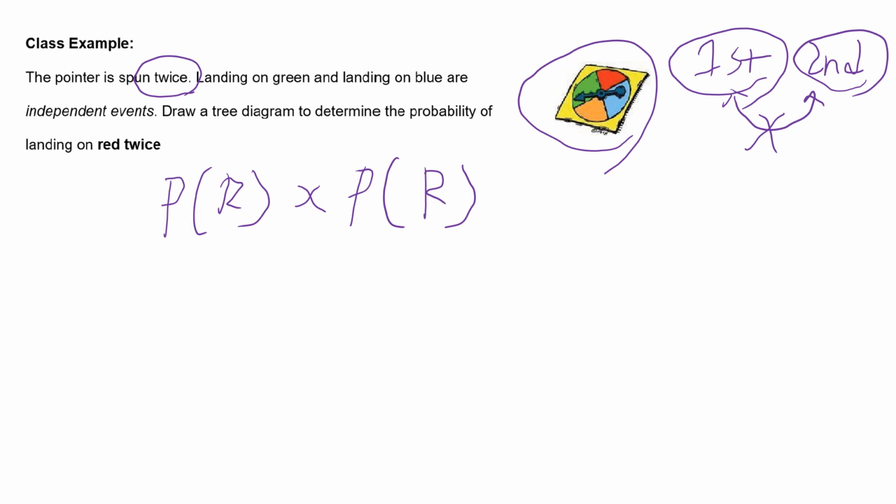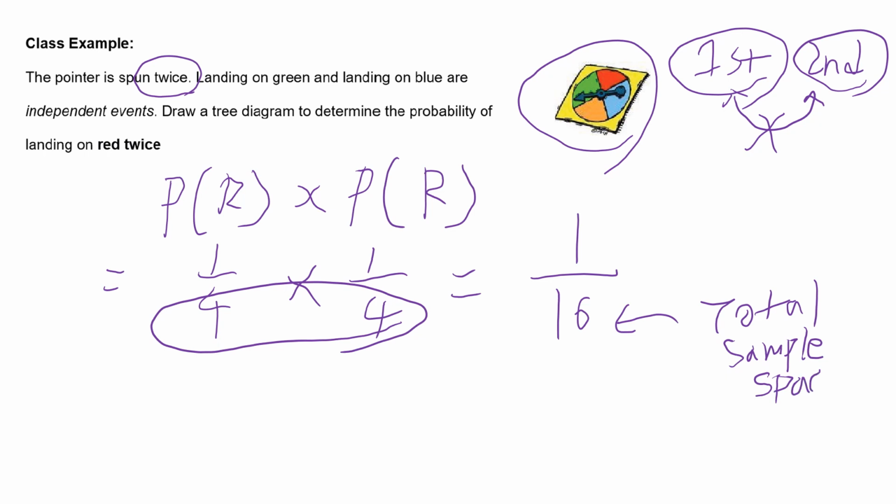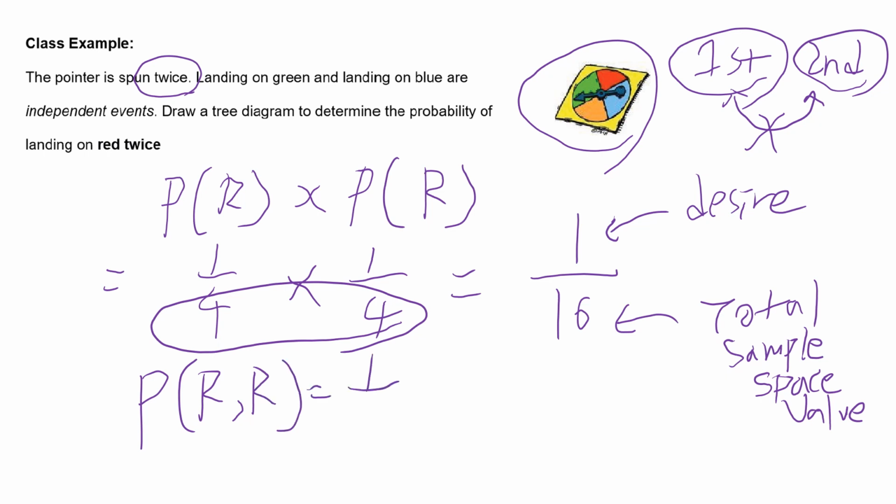So mathematically, what that means is the probability of red, which is 1 over 4, and the probability of red, 1 over 4, if you multiply them together, the denominators, 4 times 4, become 16, which is the total sample space value, and the 1 is whatever the event that you're desiring to see. In this case, red and red. So the probability of red and red is 1 out of 16.